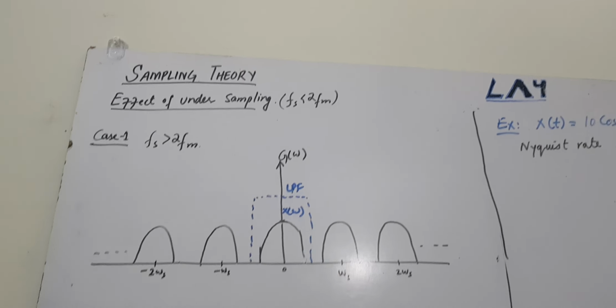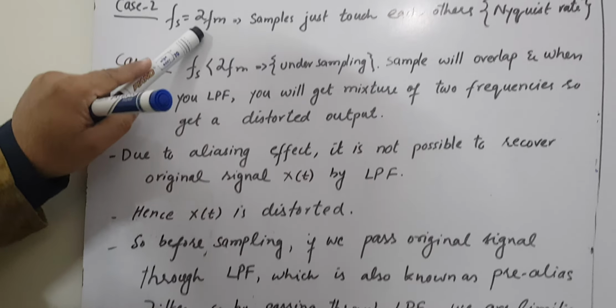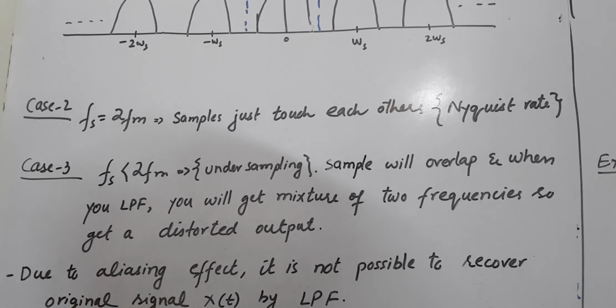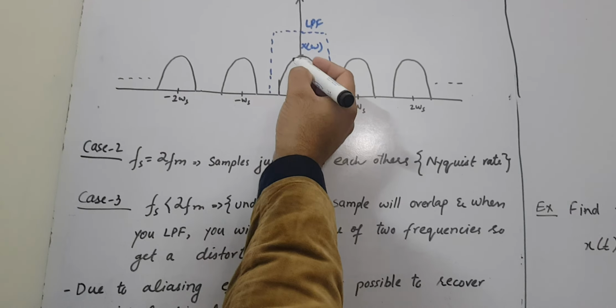The second case is that your sampling frequency is equal to 2 times the modulating frequency, which means the samples just touch each other. This is also known as the Nyquist rate or the Nyquist criteria.